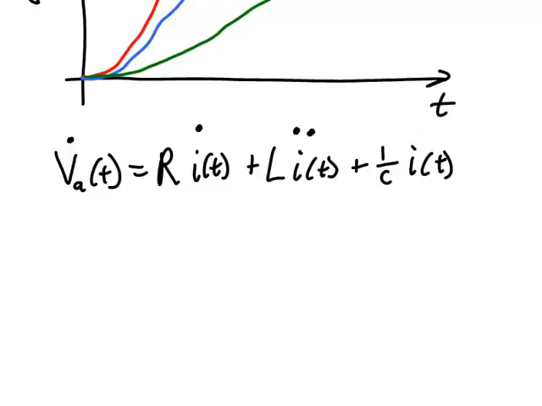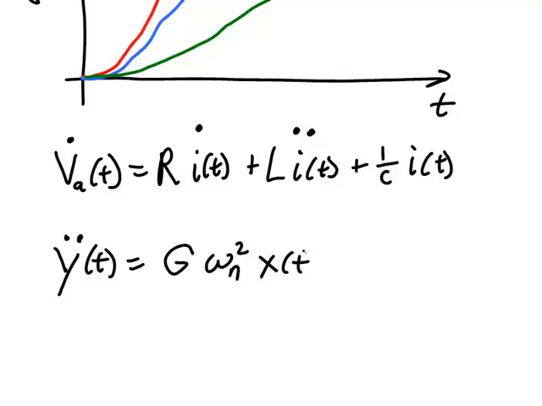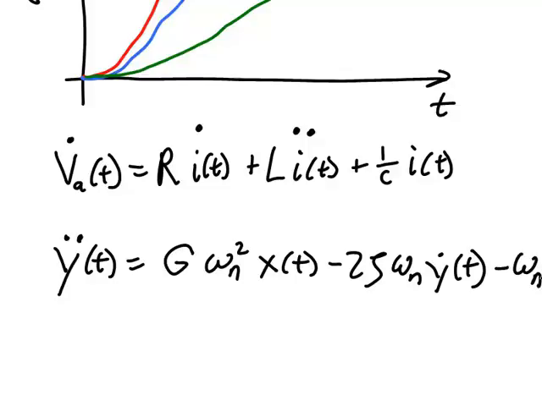The general form looks like this. y double dot is equal to some gain, G, times the natural frequency squared times the input of t, minus 2 zeta omega n y dot, minus omega n squared y of t.